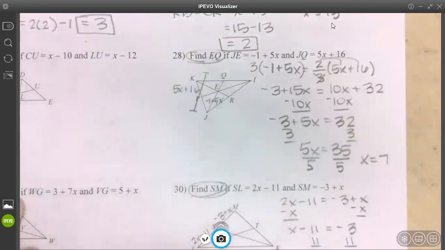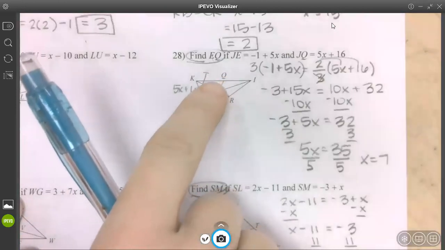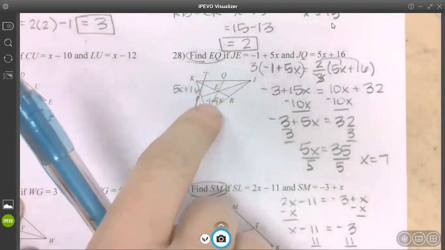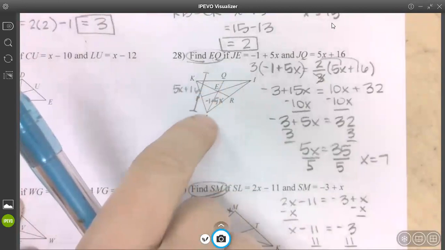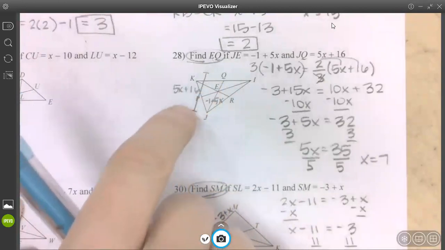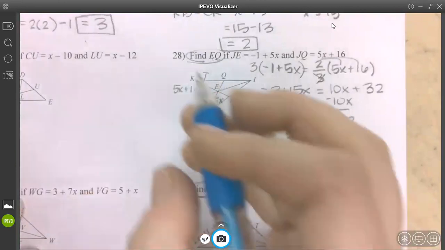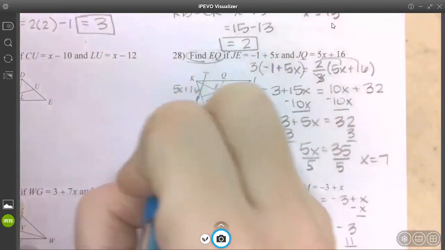So look how weird this one is. To find EQ, this part that I don't know, remember that if I add EQ and JE, then I'll be able to get JQ. So let me show you what I'm talking about.